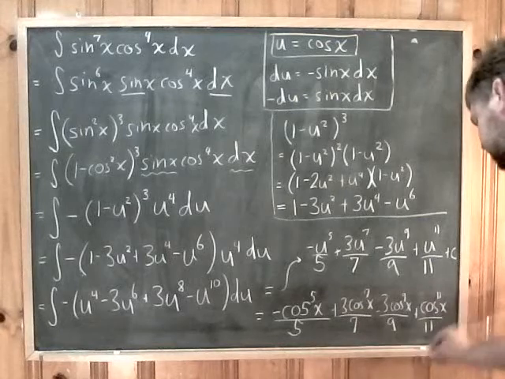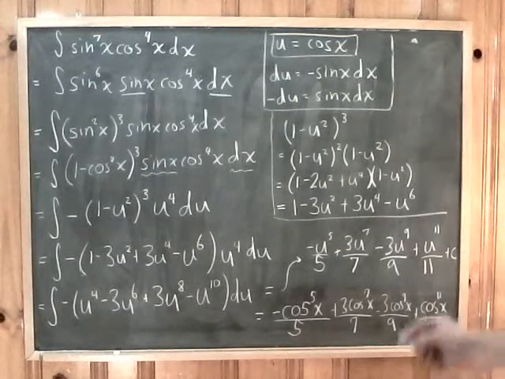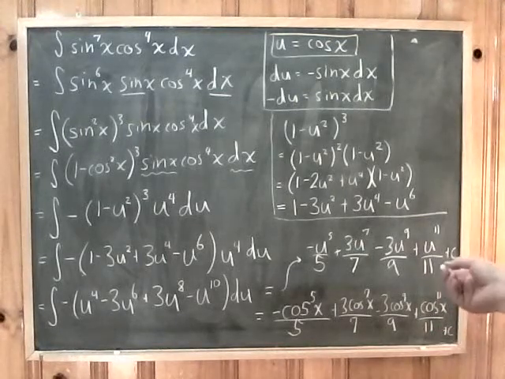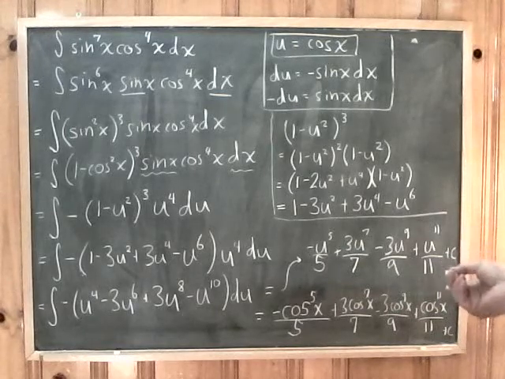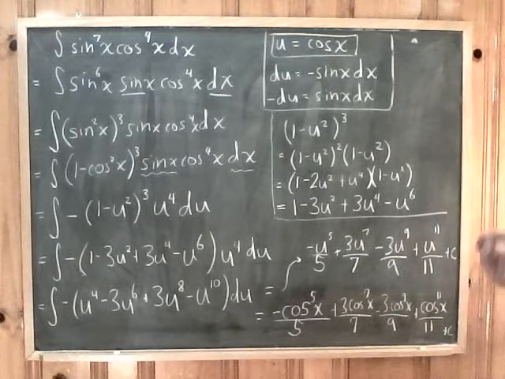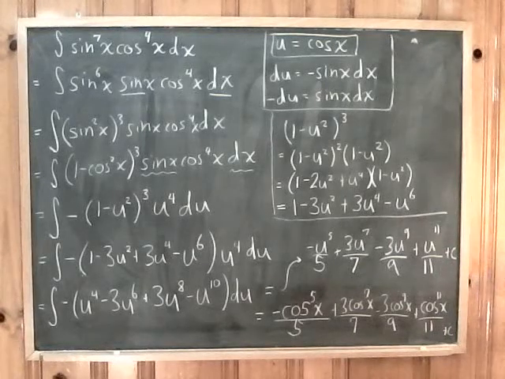Right down the corner, put the plus c. Make sure you can read that last one: negative cosine to the 5 x over 5 plus 3 cosine to the 7 x over 7 minus 3 cosine to the 9 x over 9 plus cosine to the 11 x over 11 plus c.